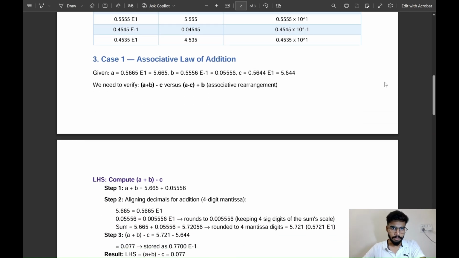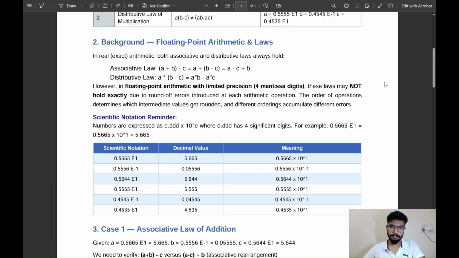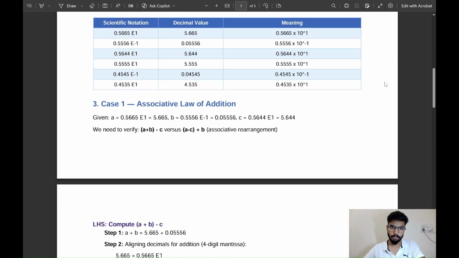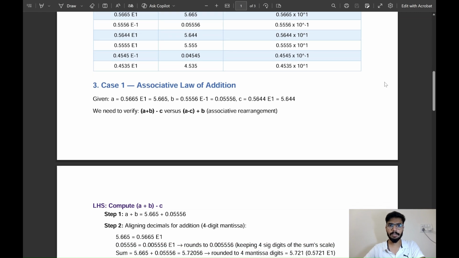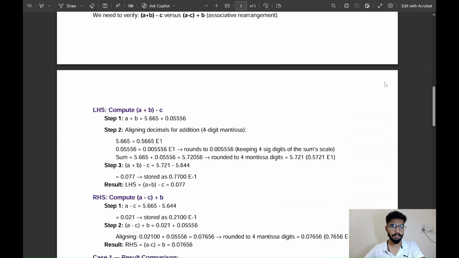Here in the question, a is equal to 0.5665 e1, which is 5.665, b is equal to 0.5556 e minus 1, which is 0.05556, and c is equal to 0.5644 e1, which is 5.644. We need to verify a plus b minus c versus a minus c plus b, the associative rearrangement.